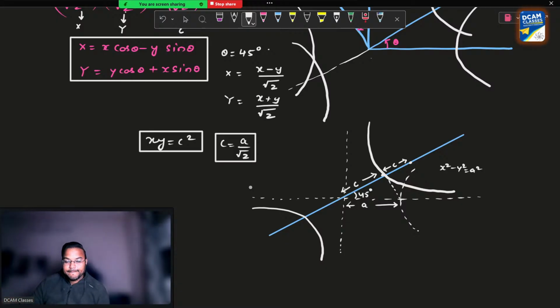Okay. If you want another way, you can do it like this. This is (ae, 0), meaning this distance is ae. If you are rotating it by an angle of 45 degrees, what will be this one?